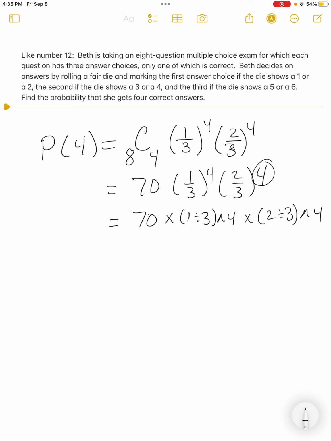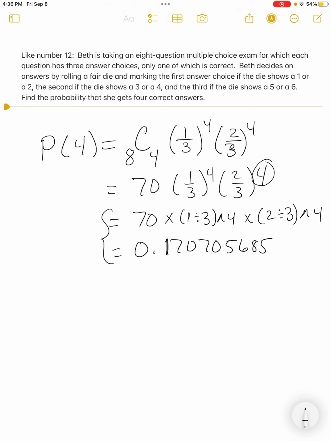So then we just run this in our calculator. 70 times, open parentheses, 1 divided by 3 to the 4th times, open parentheses, 2 divided by 3 to the 4th. And the answer comes out to be, in decimal form, 0.170705685. And again, I'd round wherever they told me.